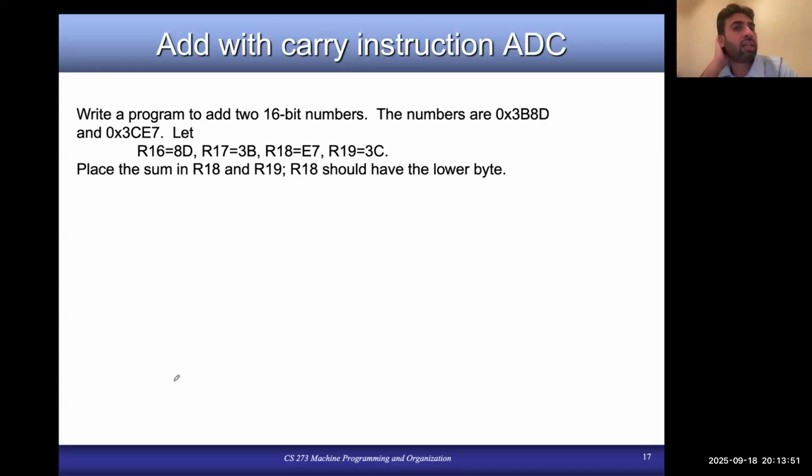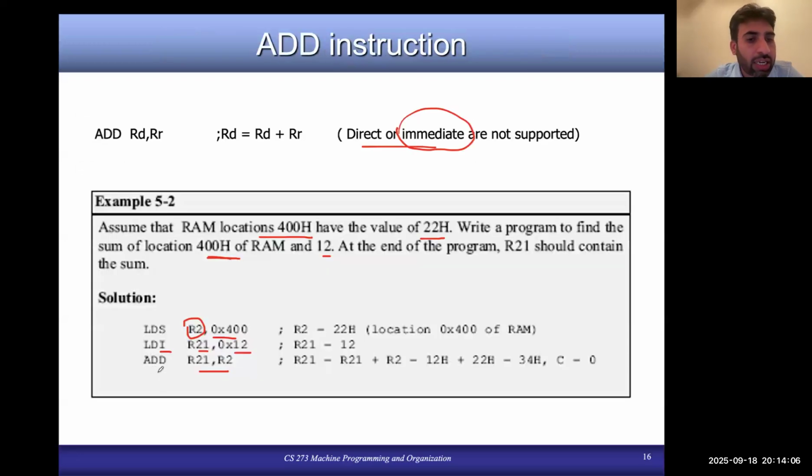Let me first read this statement of this example, and it will also highlight the problem we are going to address. Let's say we need to write a program to add two 16-bit numbers, not two 8-bit numbers. Here, when you say add, it is adding two registers, R2 and R21, and both of them are 8-bit, right?